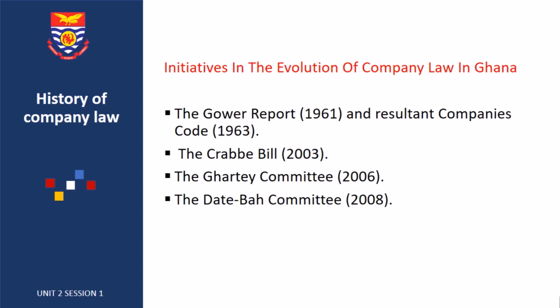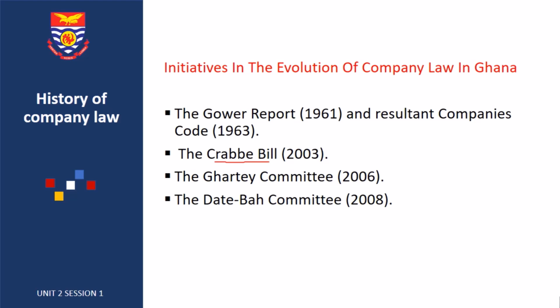Now, the starting point is the Gower report, which is 1961, and the resultant Companies Code 1963. This Companies Code of 1963 has been repealed by Companies Act 2019, Act 992. Now from there, we had the CRAB Bill, which is 2003.